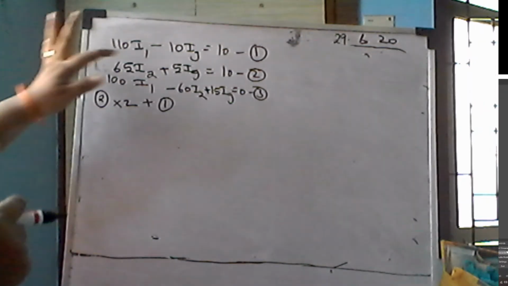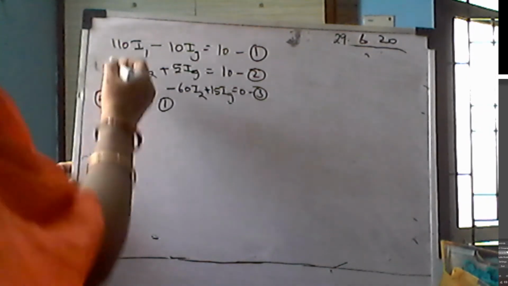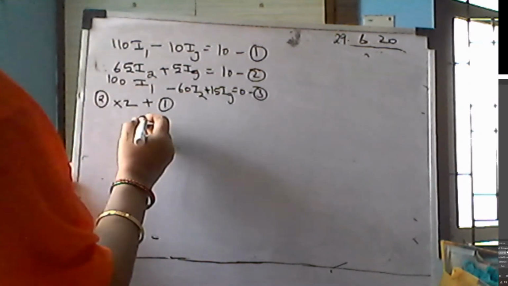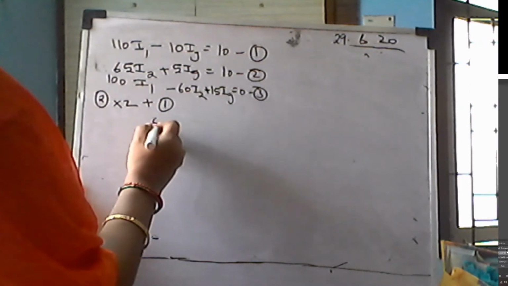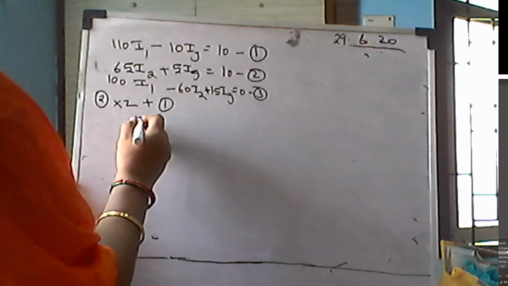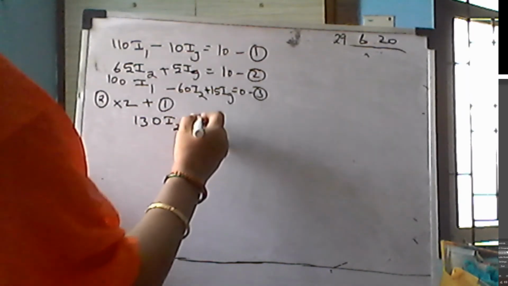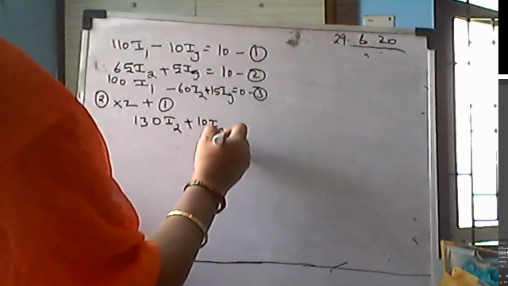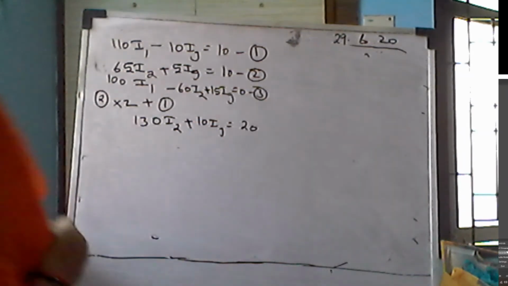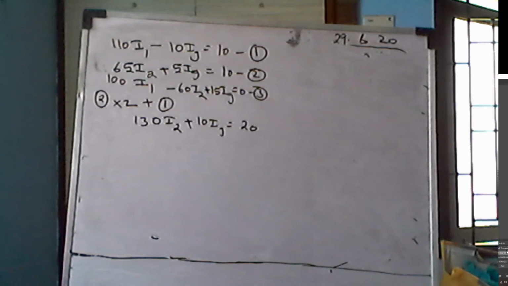So 2 into 2 means directly I will write. See here, 65 into 2, 130 I2 plus 10 Ig is equal to 20.